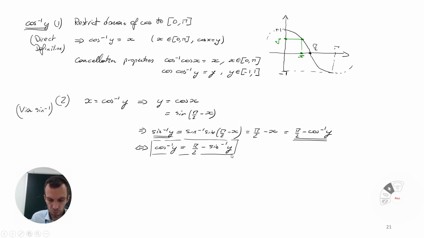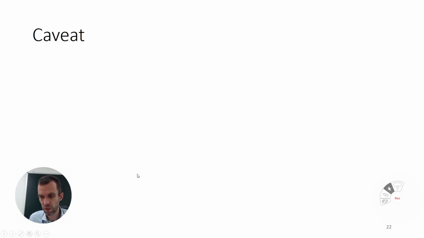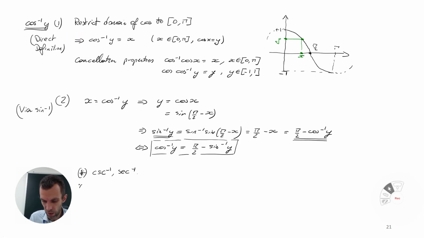There's a few more properties that you can derive in a similar vein. So the same thing holds true for the inverse cosecant, the inverse secant, and so on. But I'll let you play with that a little bit. And before we move on, there's one more that I have to show.